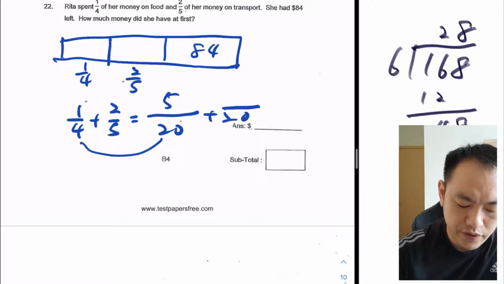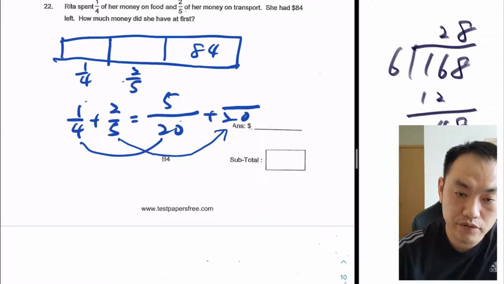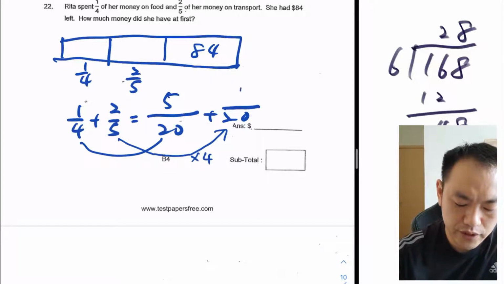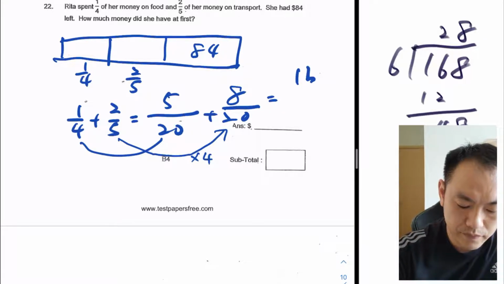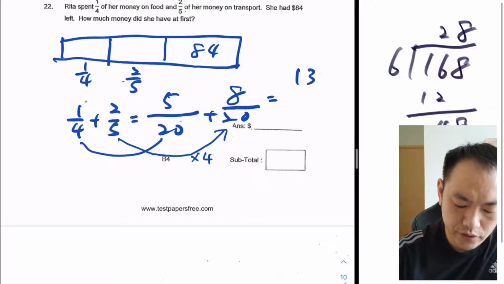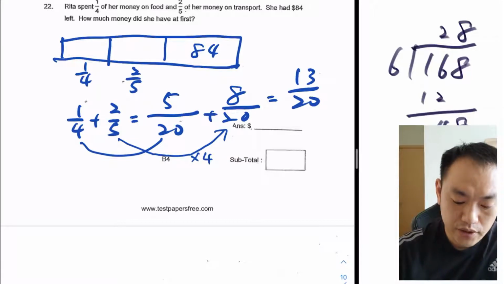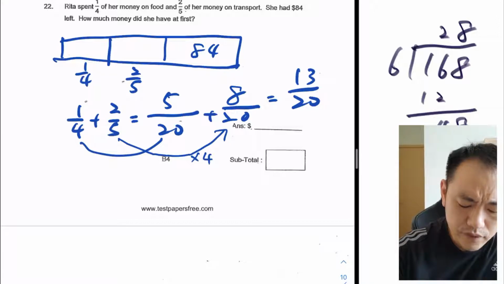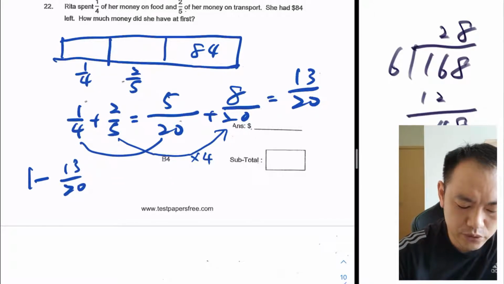Then the 5 becomes 20, you times 4, so the top also times 4, which will give you 8, and then there will be 13. So it will be 13 over 20. Okay, so that means the remaining is 1 minus 13 over 20 equals 7 over 20.